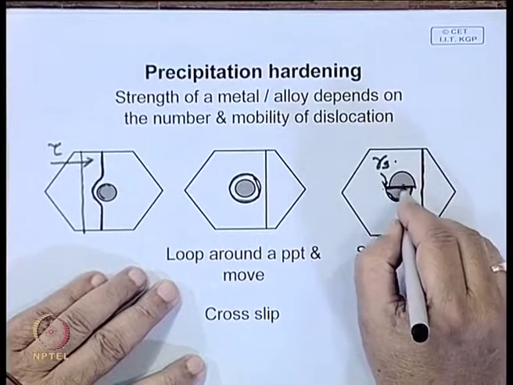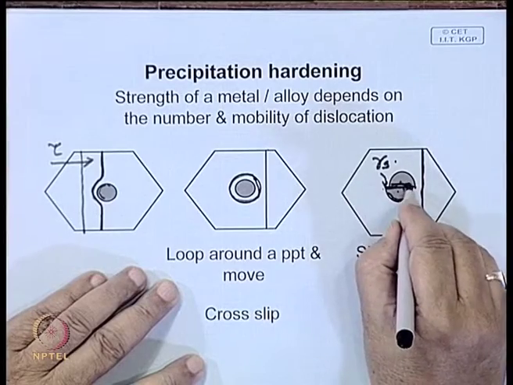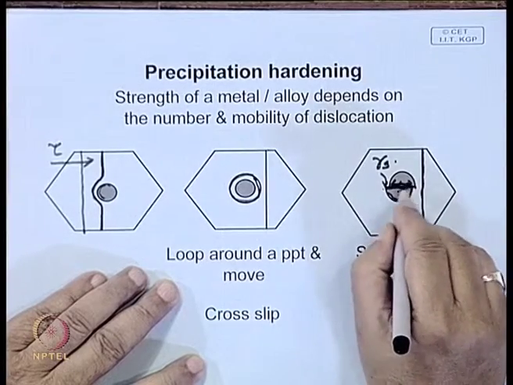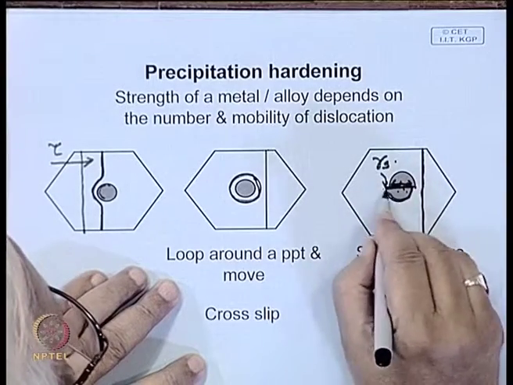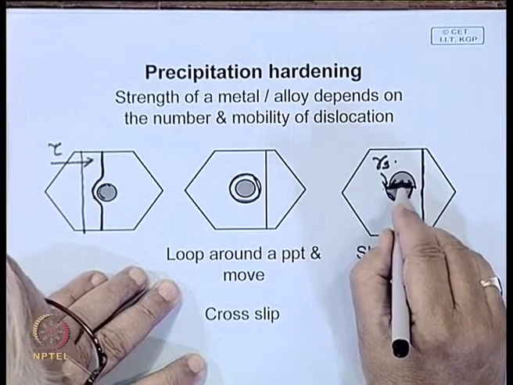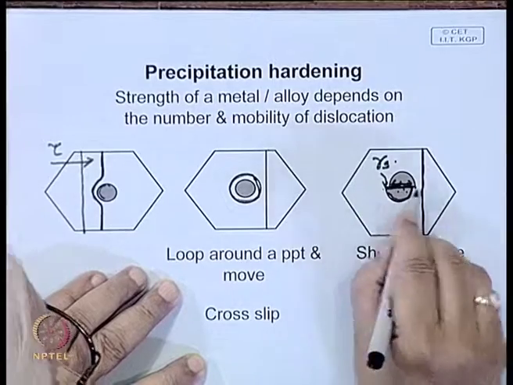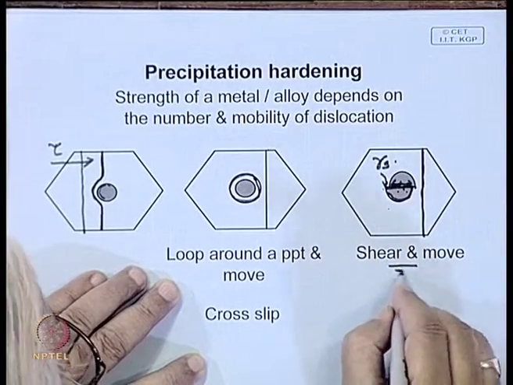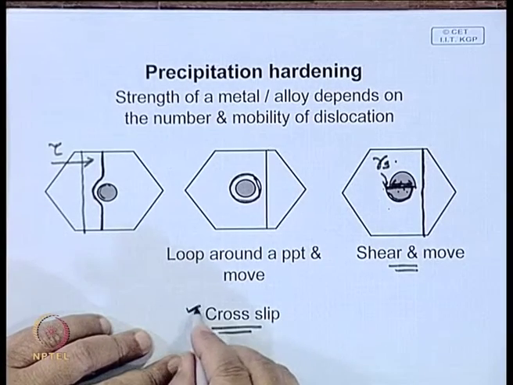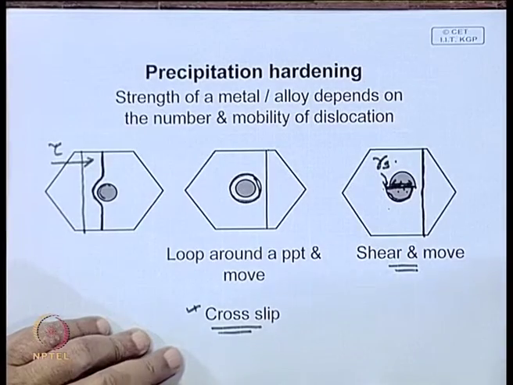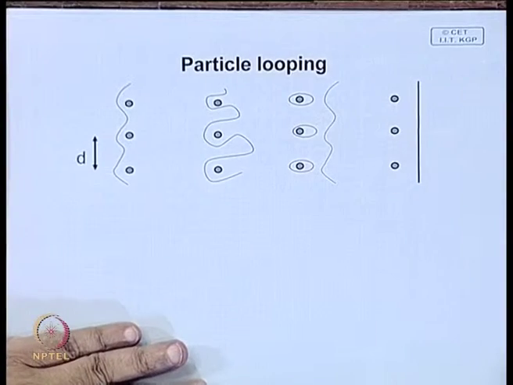Secondly, if the precipitate had some ordered structure, that order is disturbed. So to slip or shear the precipitate, you need a sufficient amount of stress for this to happen. This is the other mechanism. There is also a possible mechanism, cross slip, but we will not consider it here. I think these two are most important to understand the process of precipitation hardening.